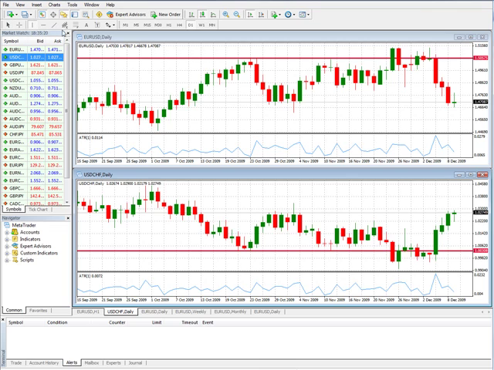Now, the opposite is true when the prices seem to not be able to penetrate a bottom. That's an area of support. When you're using correlation, you can see how these line up down here in that same time frame.